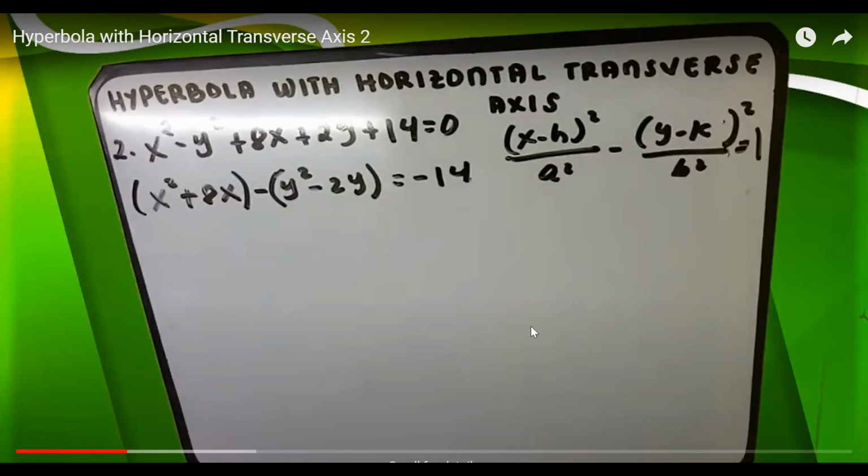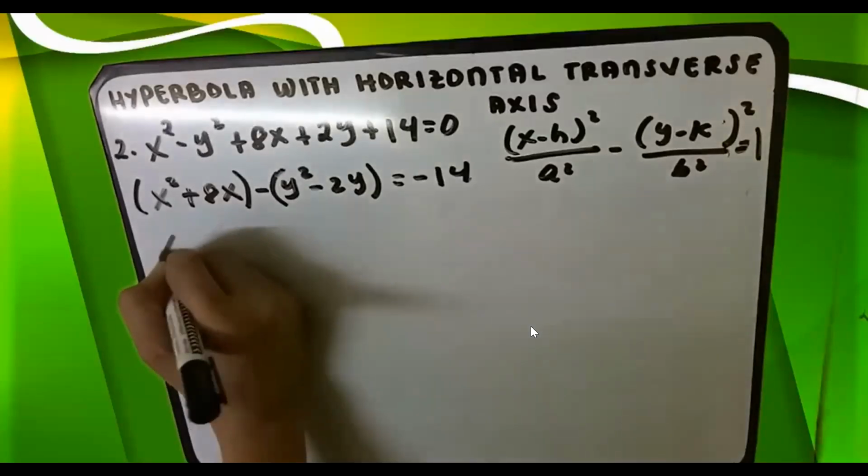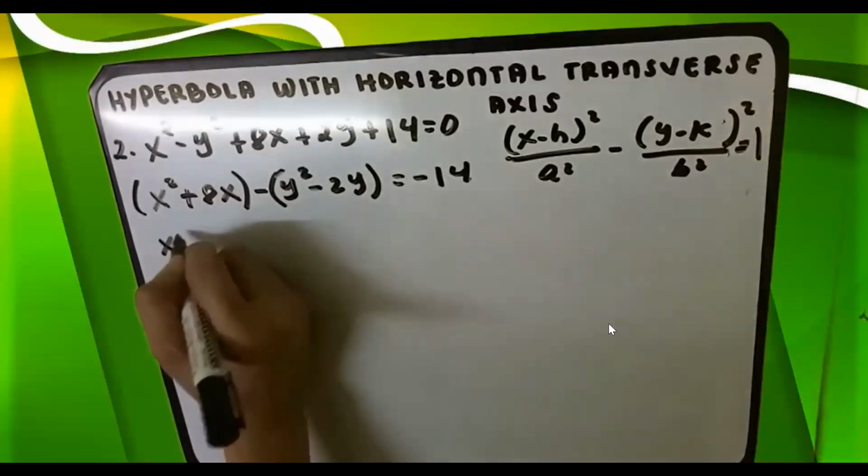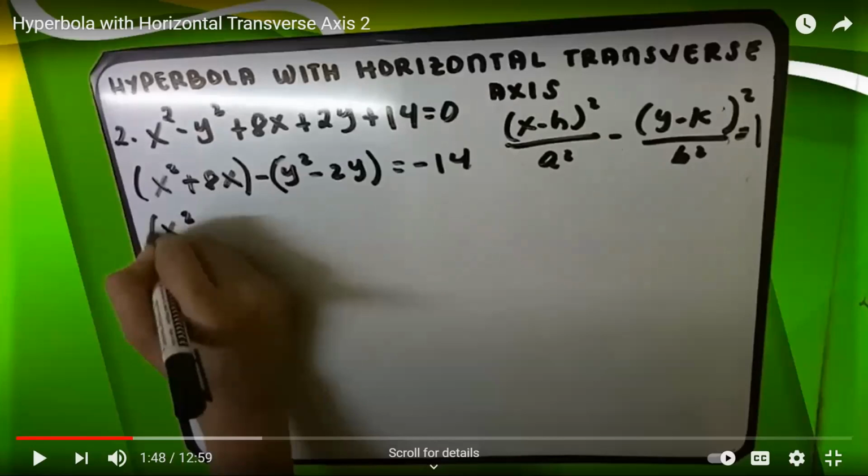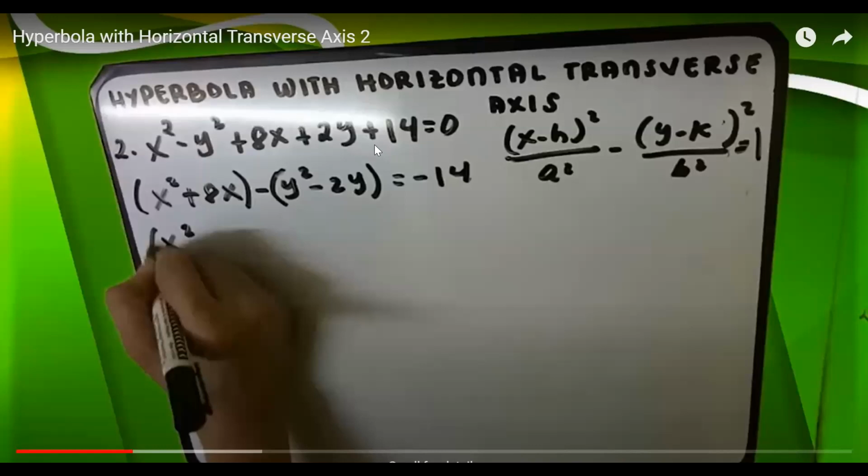Completing the square method, gagawin natin siyang x square. So ayan, may nagtanong: palagi pong may iba ang sign kapag naglipat. Kung ang tinutukoy mo ay yung constant term natin na plus 14 dito sa left hand side, yes po, kapag nilipat nyo sa kabilang side ng equal sign.